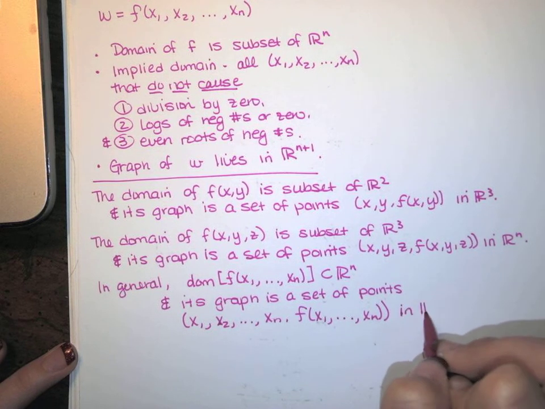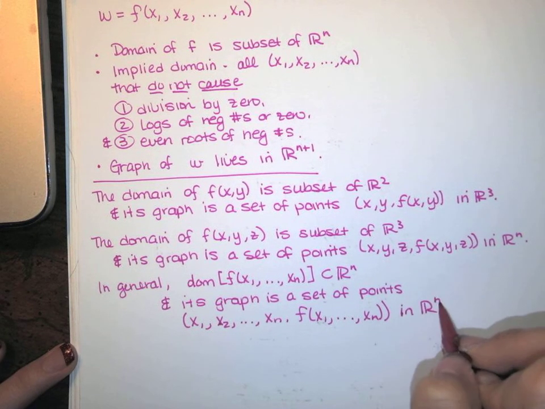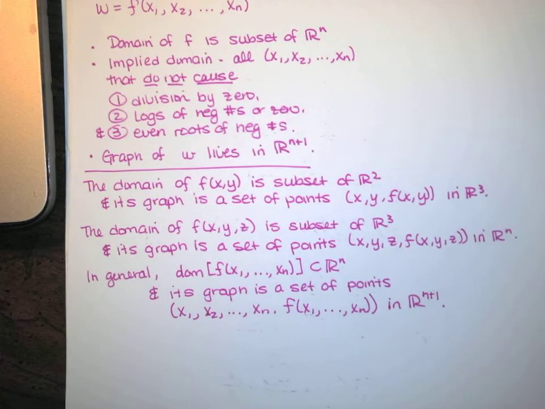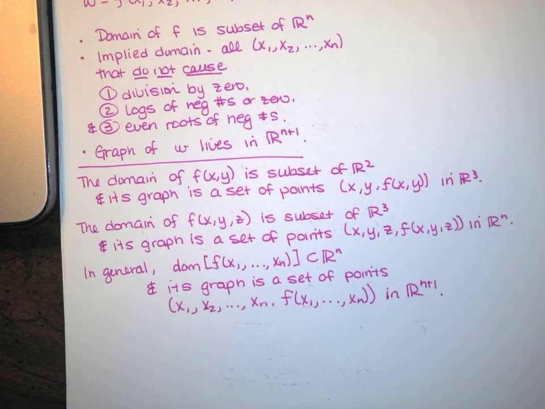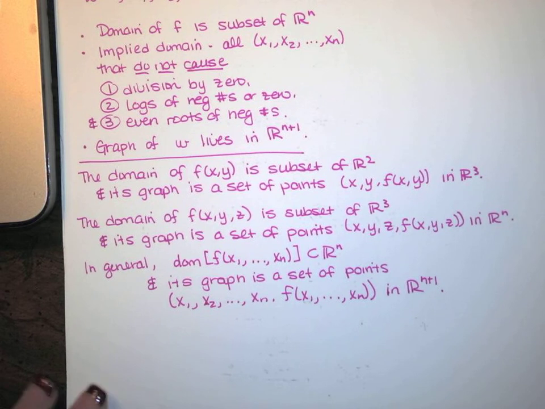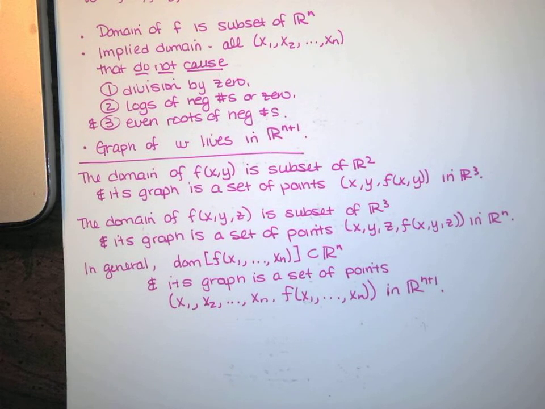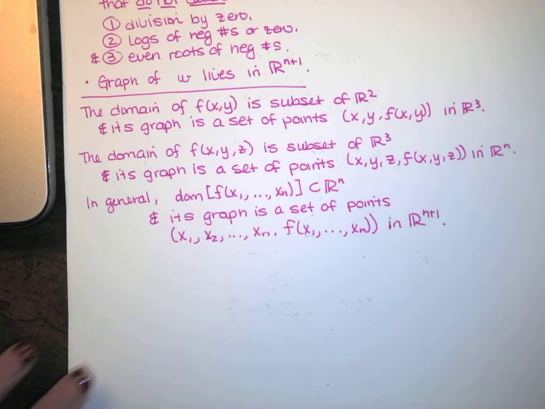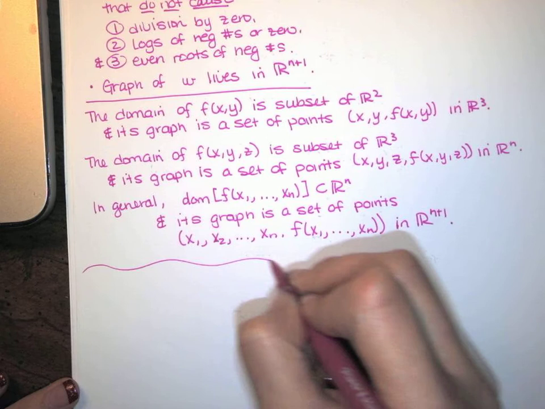And those are in not nth dimensional space, but n+1 dimensional space. Okay, so keep that in mind, and let's look at a couple of examples. Let's find some domains.